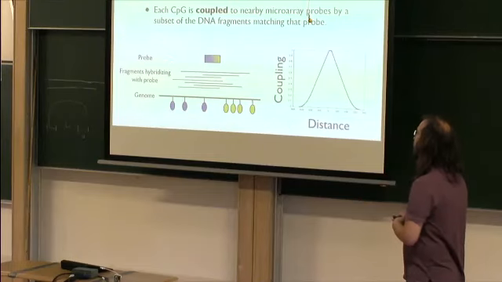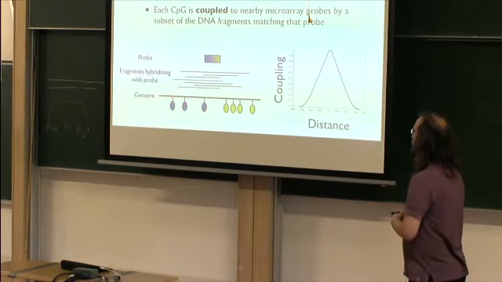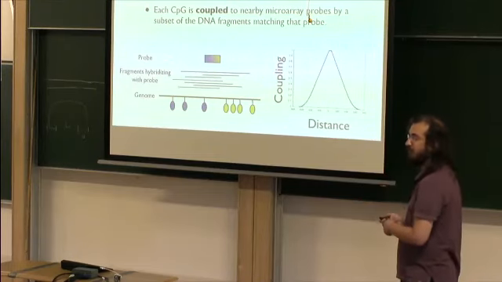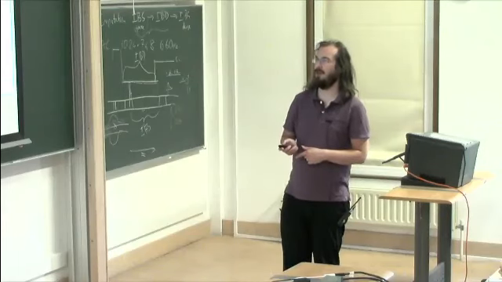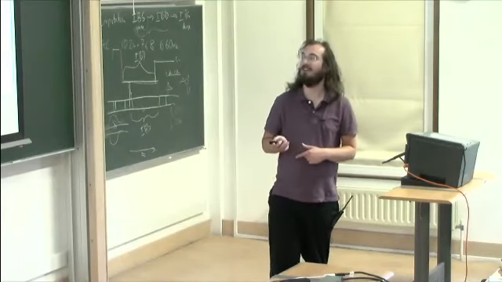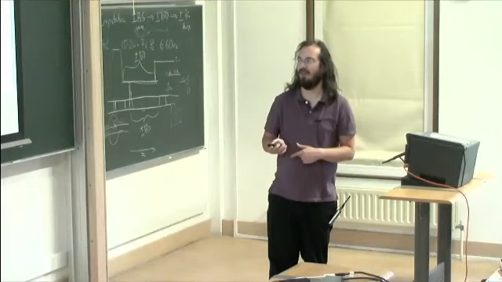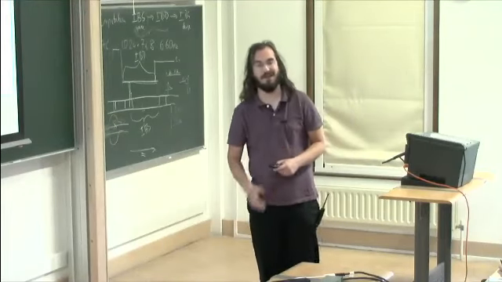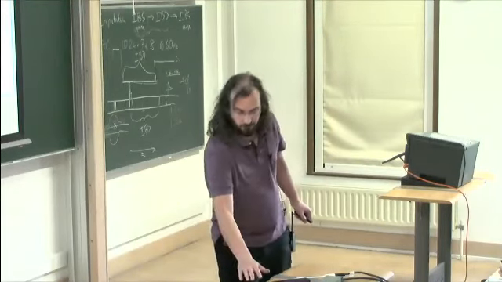This site, you know, is within the probe, therefore you know every DNA fragment that hybridizes to that probe contains that site. As you go further away, the influence drops off gradually.